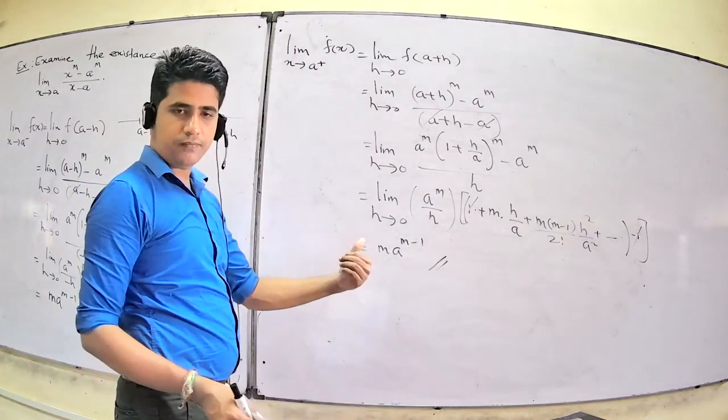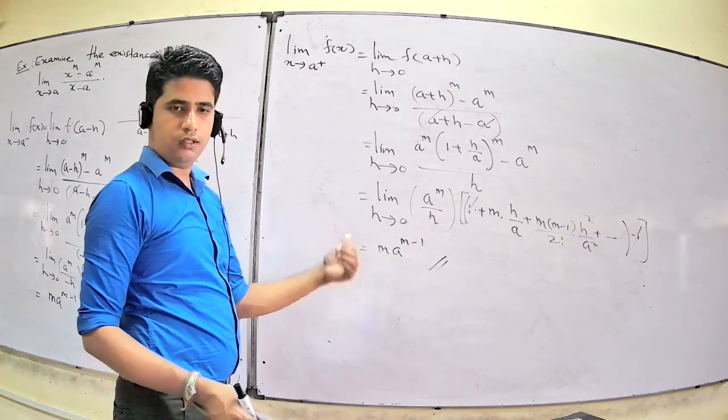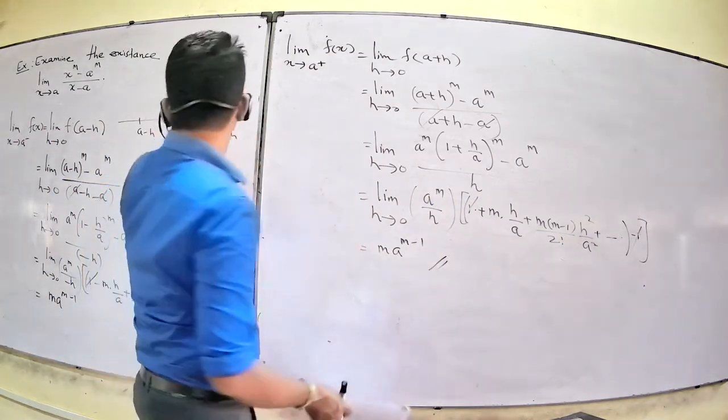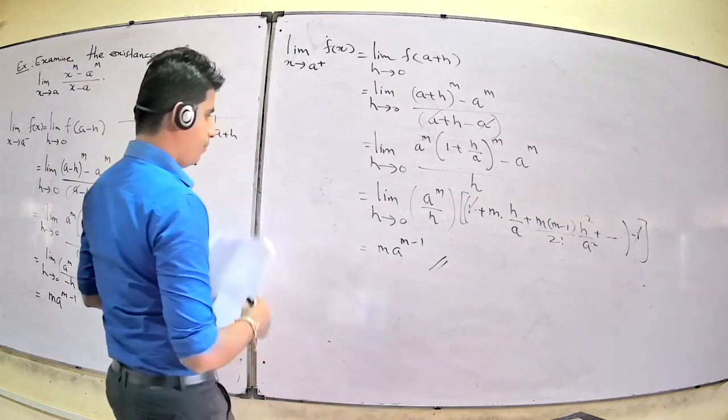Therefore, both limit values are equal. Left limit equals right limit. Therefore, for this function the limit exists and equals m a to the power m minus 1.